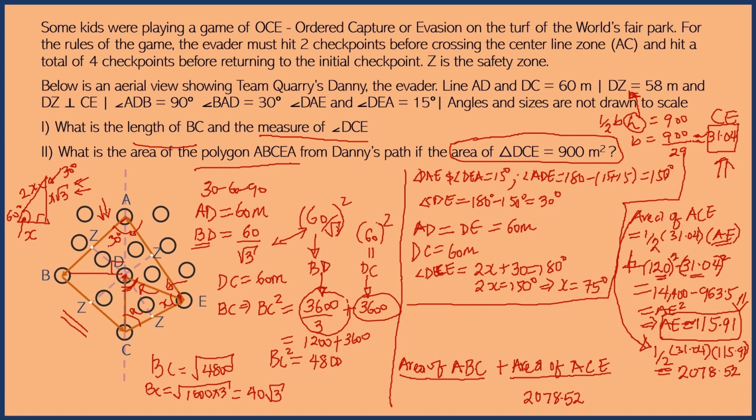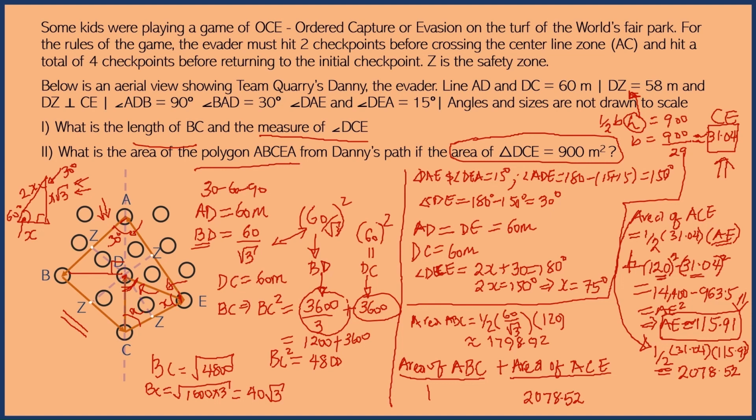So now the area of ABC is going to be equal to 1/2 times 60 over root 3 times 120, and then that comes out to be approximately 1,798.92.